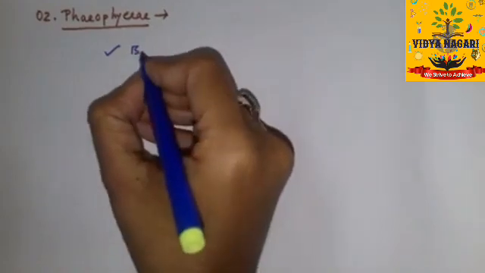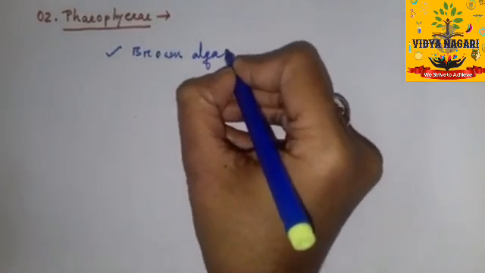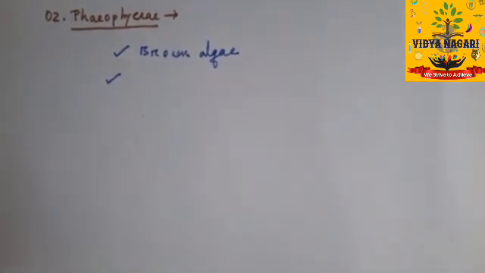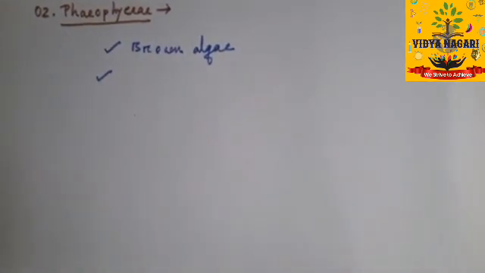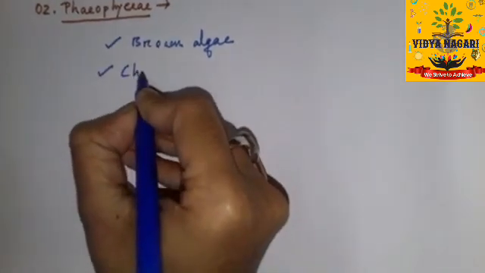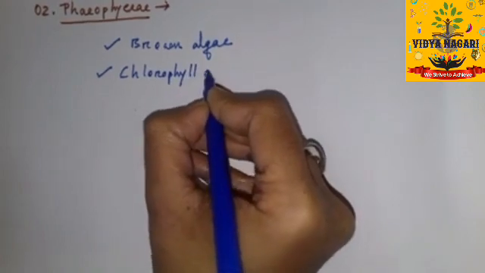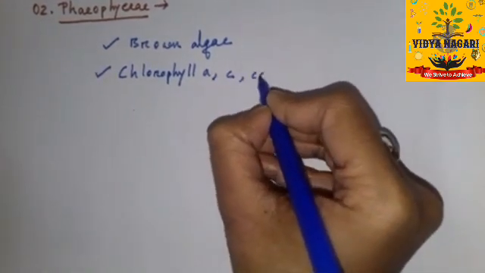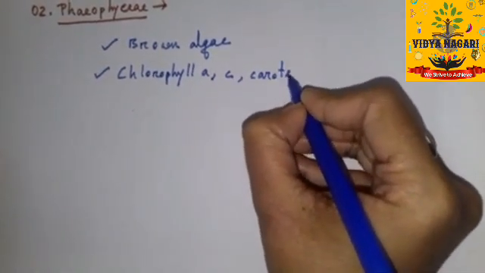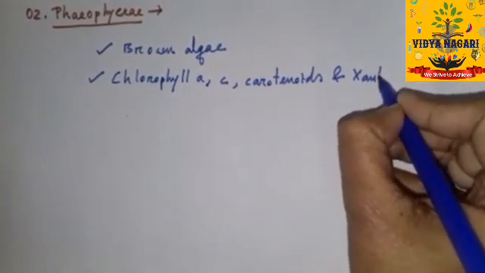Second type is Phaeophyceae. They are known as brown algae, and they are simple branched filamentous to profusely branched and may reach a height of 100 meters, and they possess chlorophyll A, C and carotenoids and xanthophylls.